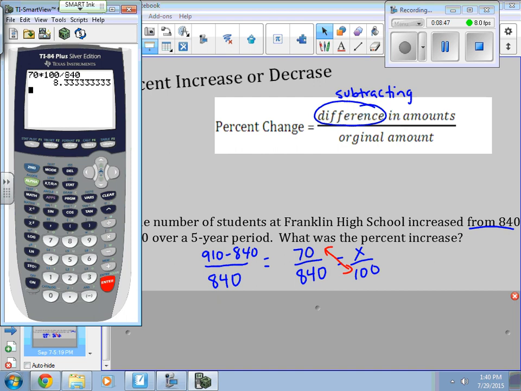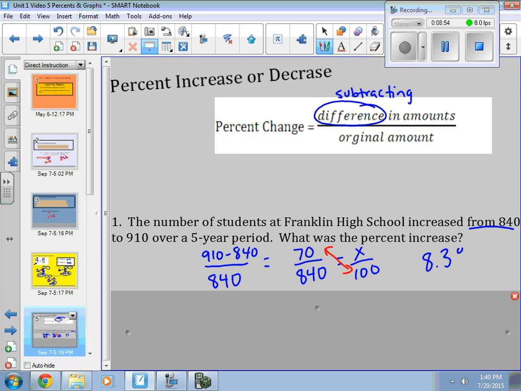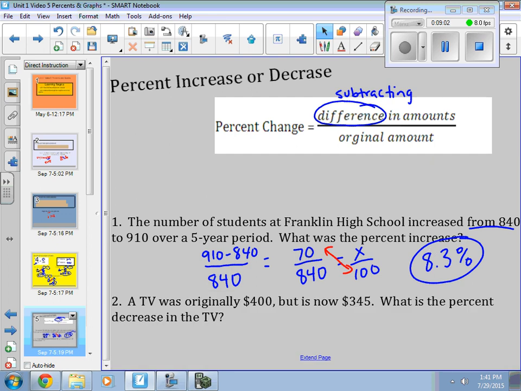And it looks like it turns out to be about 8.3%. Approximately 8.3%. Okay, so what you're looking for is difference over original. Why don't you pause it, try number 2 here, see how you do.